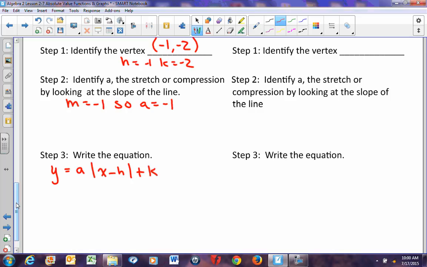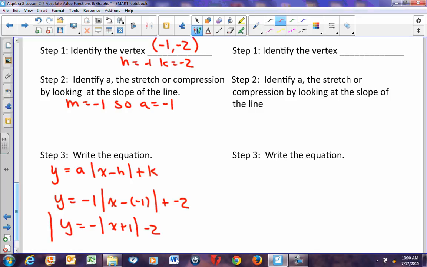So let's just plug it in. y equals, my a is -1, so I have -1 absolute value of x minus a -1, plus k, plus a -2. I just wrote it exactly as it looked. Now let's simplify it. y equals negative absolute value of x plus 1 minus 2. And there's your answer.